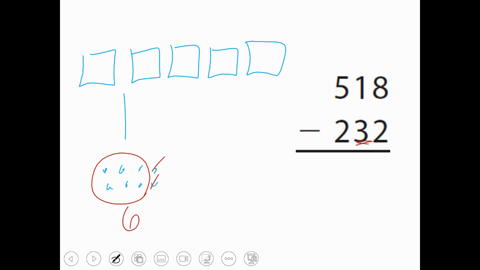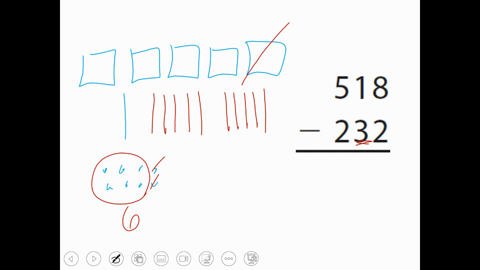I need to subtract 3. Oh, can't do that. I can't subtract 3 from 1. So I'm going to cross off a hundred, and then I'm going to bring that over as 10, because I know that there are 10 tens in 100. All right, now I can cross off. So I'm going to cross off how many? 3. So I'm going to go 1, 2, 3. If I look, I have 3 here, 5 here.